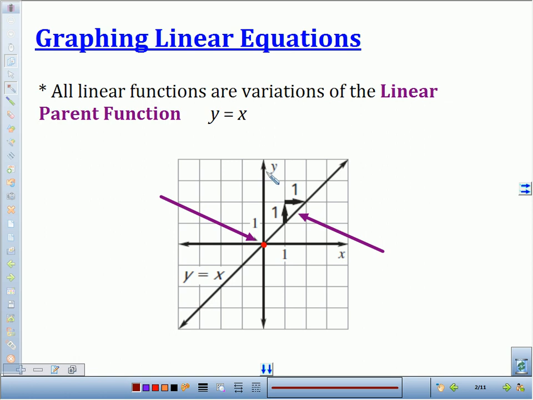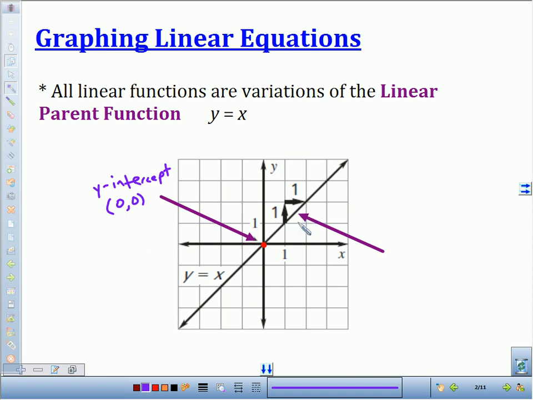Now, the graph of the linear parent function we have also seen looks like this. And I want to just very quickly look at some of the attributes of the linear parent function. For starters, we can see that the linear parent function intercepts the y-axis at the origin. The y-intercept of the linear parent function is at 0, 0.